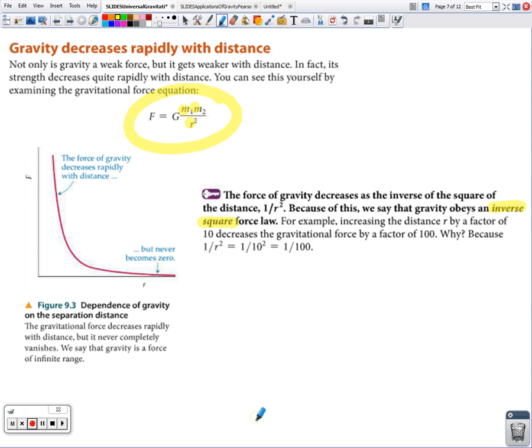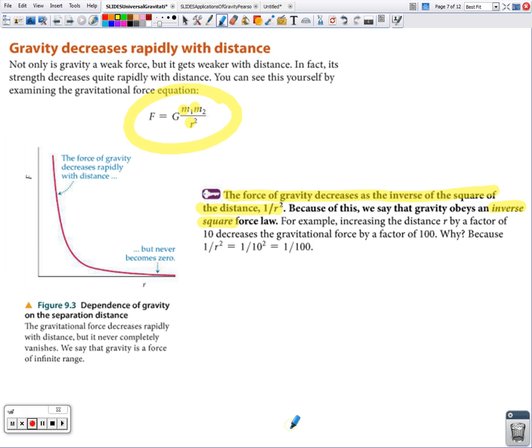But like it says here, key point: the force of gravity decreases as the inverse of the square of the distance. As we move objects farther apart, the force of gravity between them decreases.